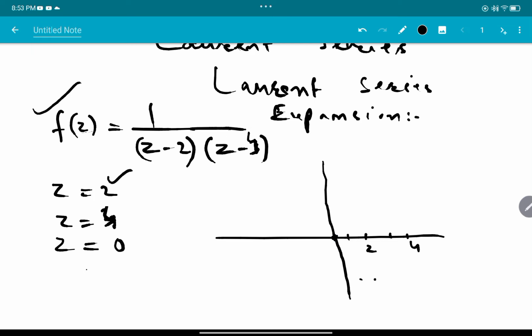There is enough distance between the center of expansion and the first singularity. So there is a lot of area of this disk in which our function is completely analytic, and hence we can expand it in terms of Taylor's expansion about z equal to 0.